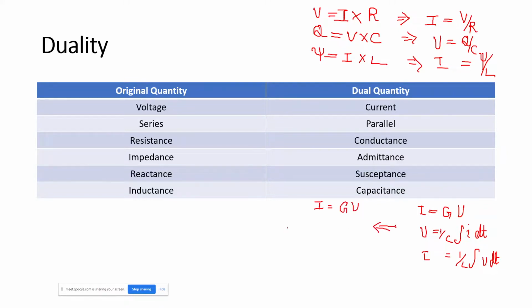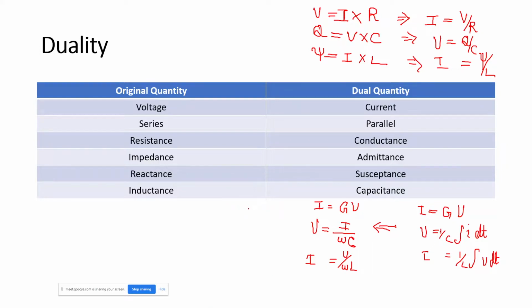I can write V equals I by omega C, and I equals V by omega L. Can I write this or not, if we consider the voltage and current to be sinusoidal quantities? Yes sir, you can write like this.